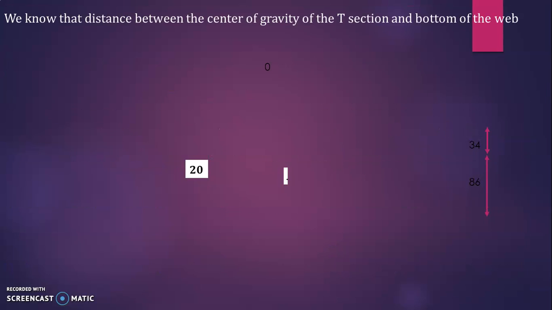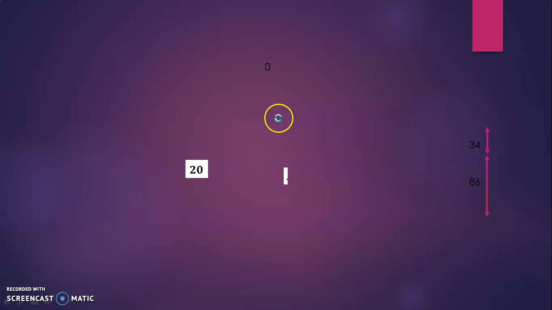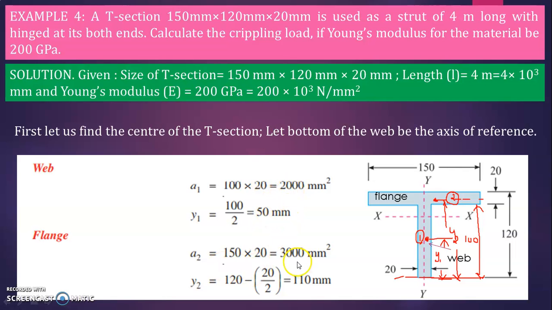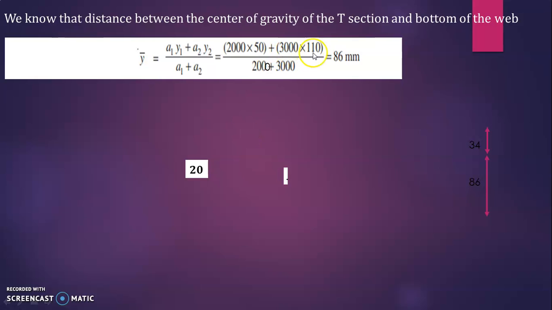So you can calculate y bar, the actual position of the neutral axis, equal to A1 Y1 plus A2 Y2 divided by A1 plus A2. A1 you have calculated, that is 2000, into Y1 is 50, and A2 is 3000 into 110, divided by A1 is 2000 and A2 is 3000.